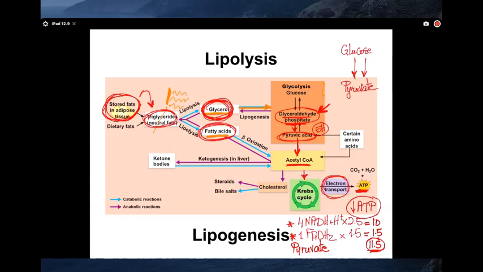So how many ATPs would I be producing from each acetyl-CoA? Can you remind me how many NADHs would I be releasing from each acetyl-CoA?